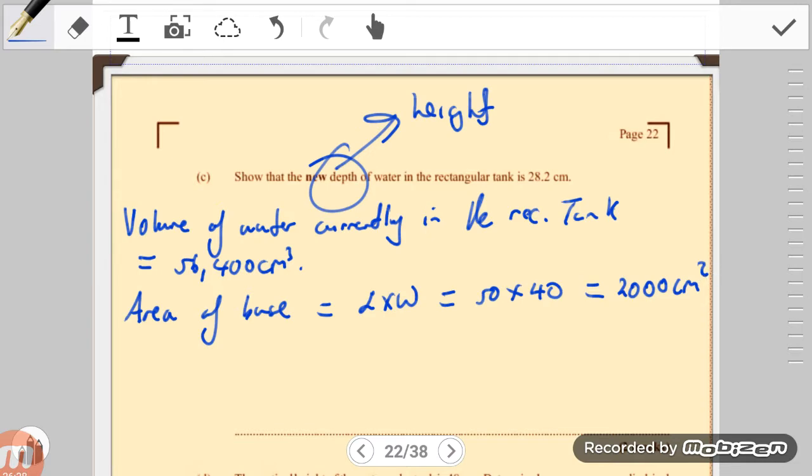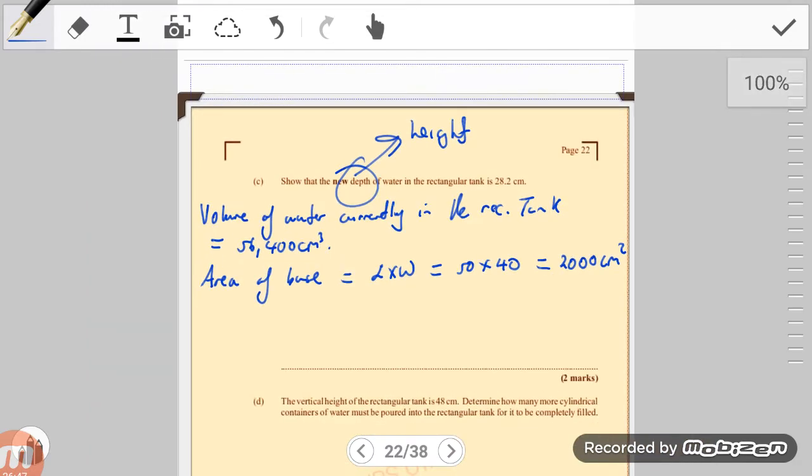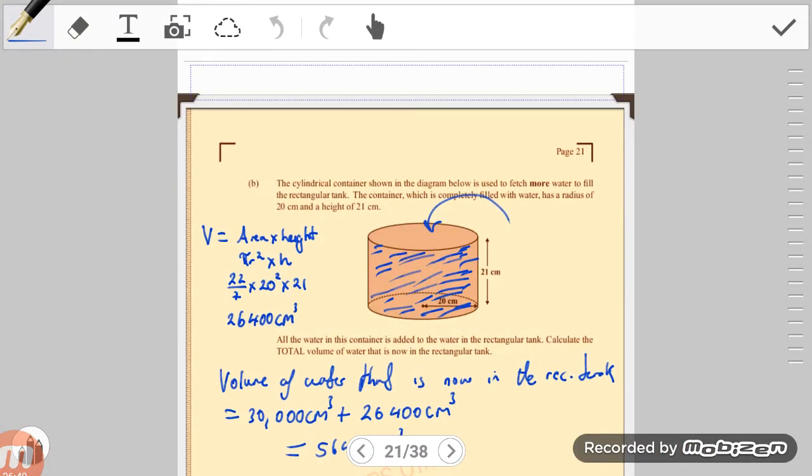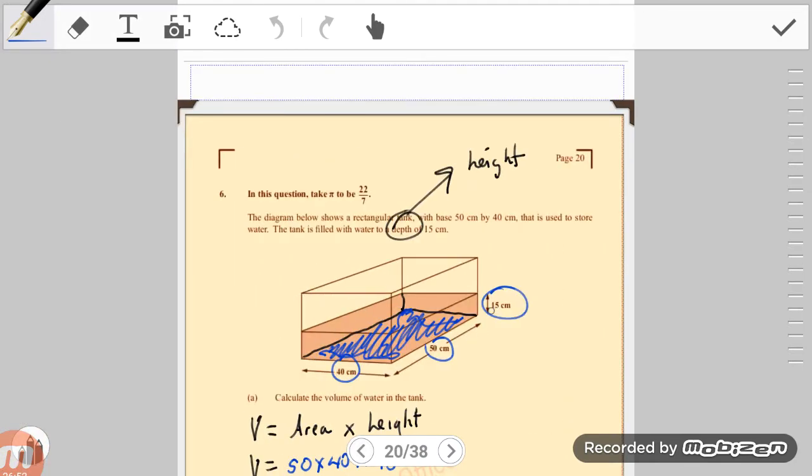But what we don't know is the height or the depth of the water that is currently in the tank. Because we knew before pouring the water from the cylindrical tank into this one, the height of the water was not 1.5 but 15 centimeter. So more water was poured into the tank.